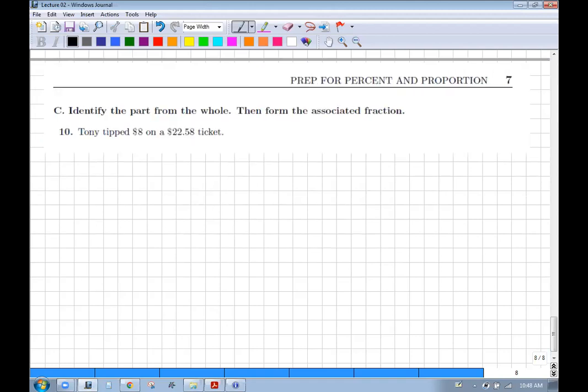All right, he tipped $8 on a $22.58 ticket. So the whole, I'm guessing here, is the $22.58 plus the $8, right? So that's the whole amount that Tony paid. That would be $30.58, right?